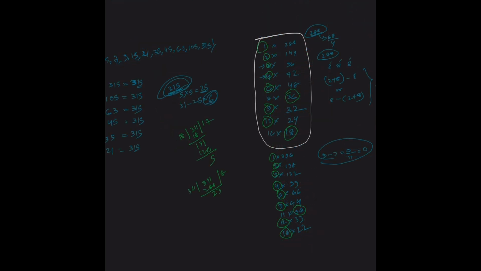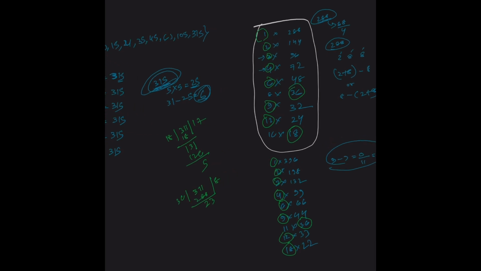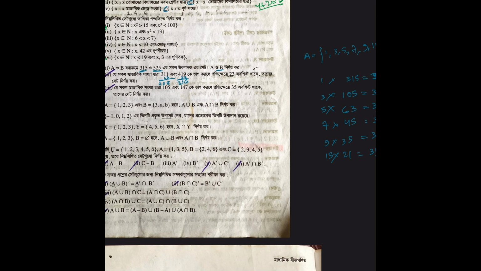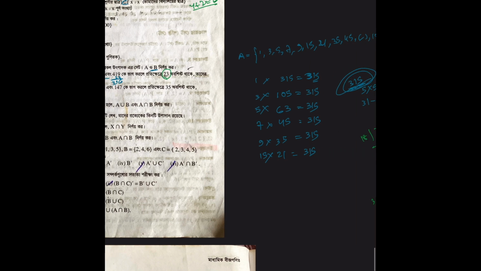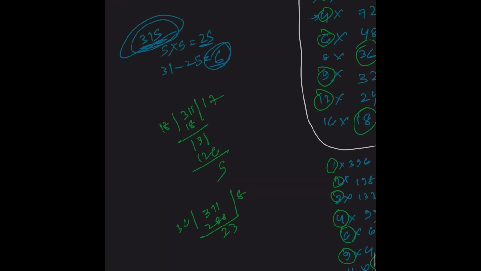Okay, there was a slight mistake. Earlier I said that we have to take all the common factors that would make up our set, but there was a mistake. We have to take the common factors that are greater than 23. Only then we get the set of the desired numbers that, when you divide 311 and 419, leave a remainder of 23. For example, here, when 311 is divided by 18, we get 17, but the remainder would be 5, right?